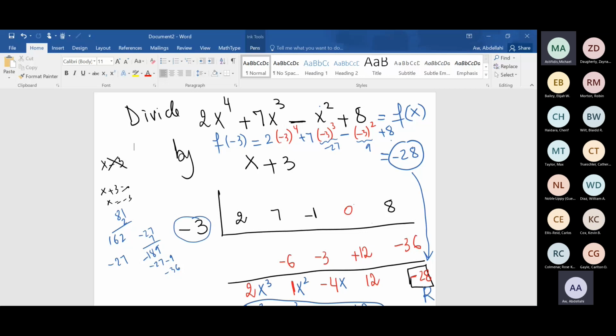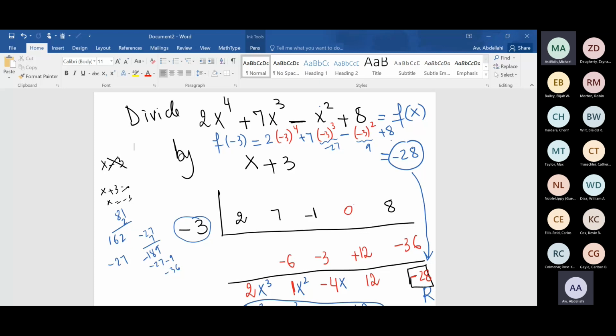Now tell me, if you don't have a calculator, which way is more calculation free? Which way is easier to do the mental math? The synthetic division or the other way? If you don't have a calculator. Synthetic division.